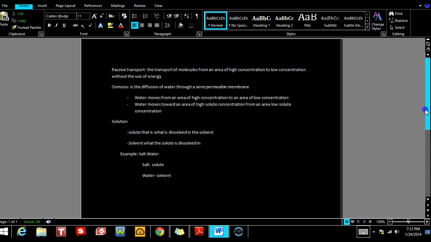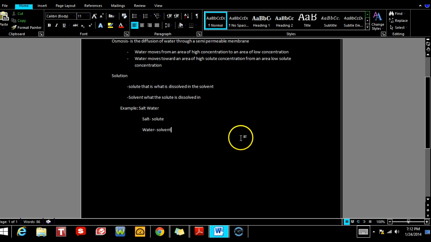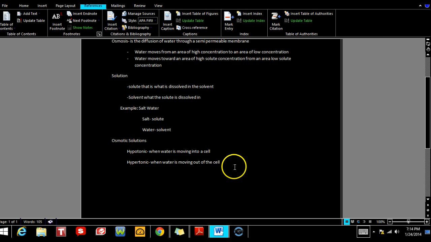Okay, now there are three types of osmotic solutions or osmotic states. Isotonic is when water moves in and out.